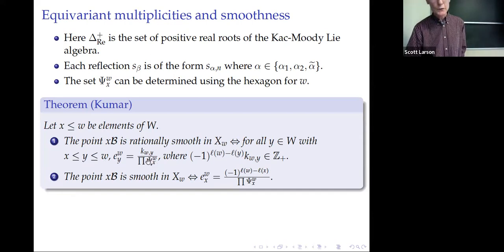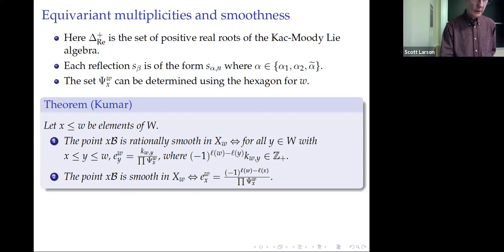It's just a predictable product of roots, and it's some constant over this predictable product of roots. And the constant has a predictable sign. The point is smooth. In fact, you only need to check it at that one point. And if you get plus or minus 1 in the numerator, then it's a smooth point. So that's what Kumar proved.